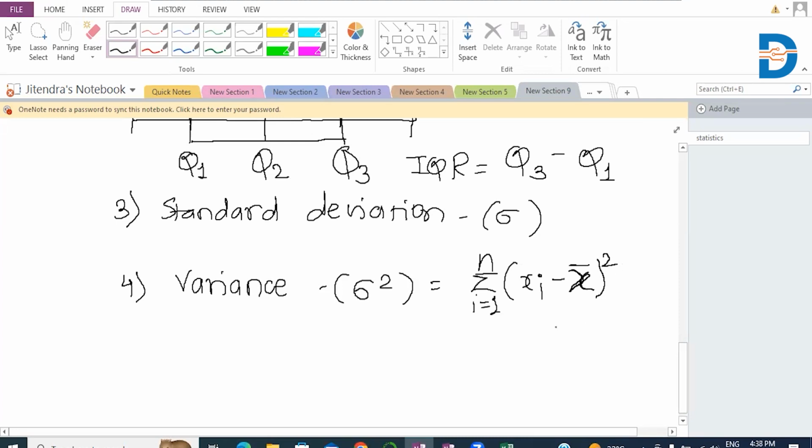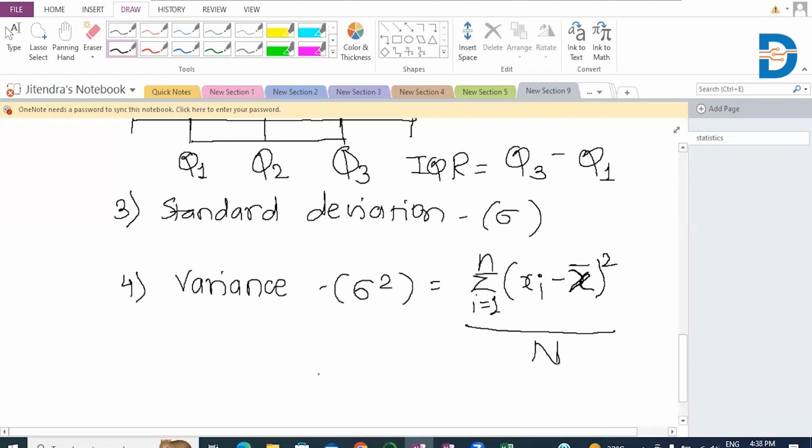Then square, divided by the number of data points. Using this formula, we calculate the average square difference from the mean.